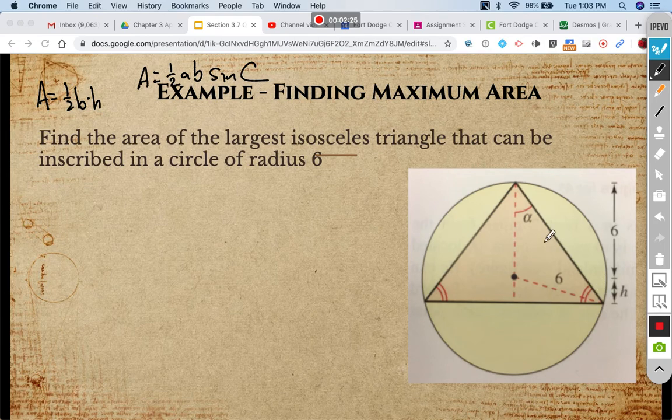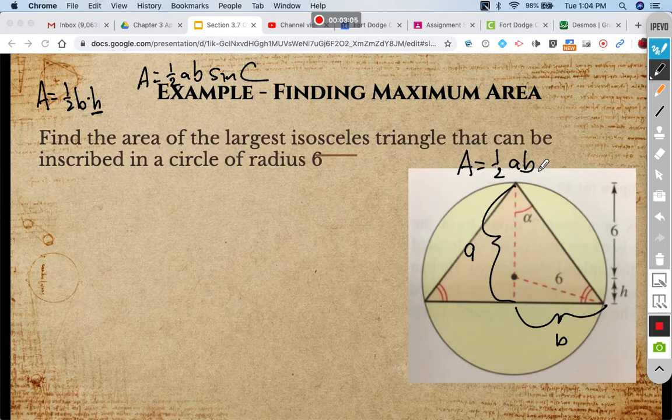We're going to be using this altitude here, so we'll use the first one, except this h is not this h, so I'm going to rewrite my formula. We'll call this whole thing A, and we'll call this B. So I'm going to use my formula, area equals 1/2 AB, because we want the largest area.